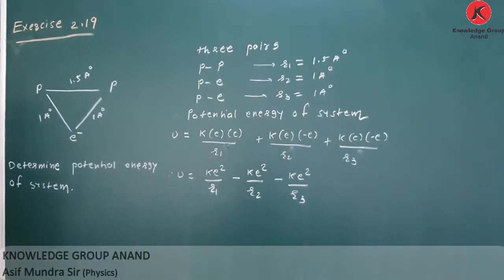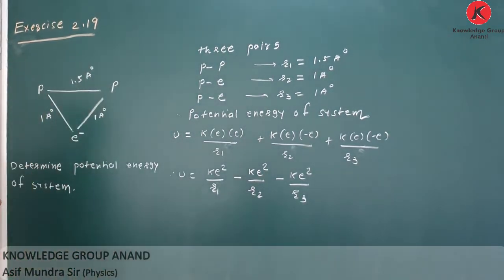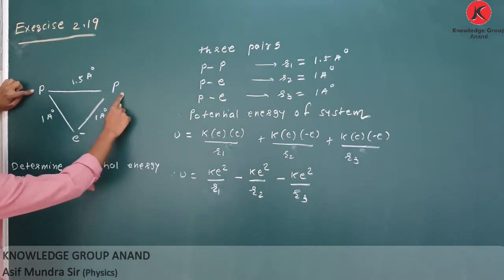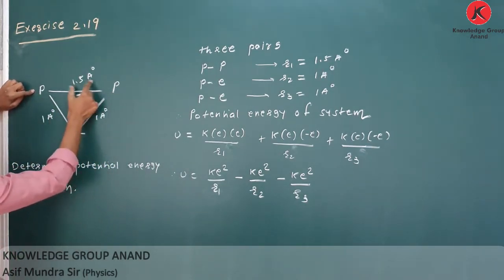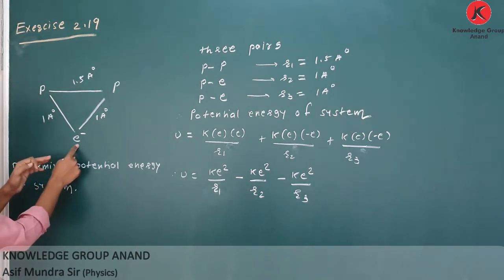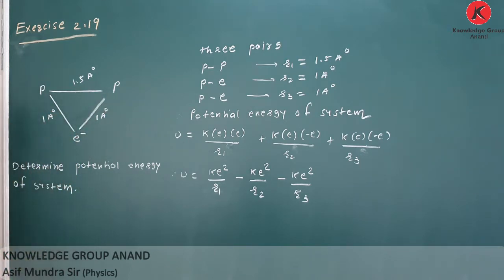One question based on potential energy of system of charges. See, you are given a system where two protons are at a distance 1.5 angstrom. An electron is at a distance 1 angstrom from each proton. So in total you are given three charges, 2 protons and 1 electron, and you have to find the potential energy of the system.